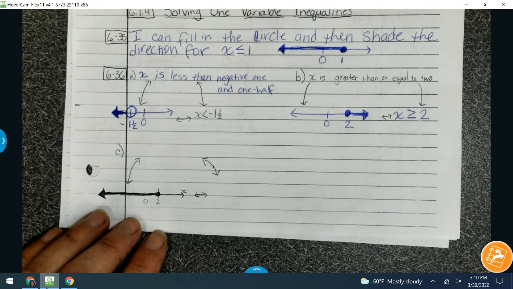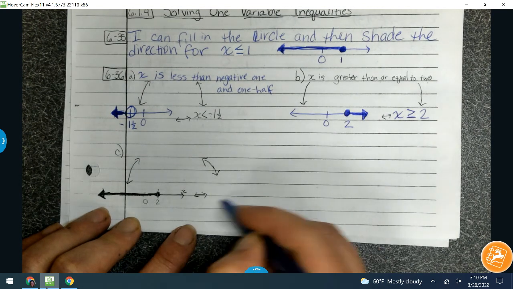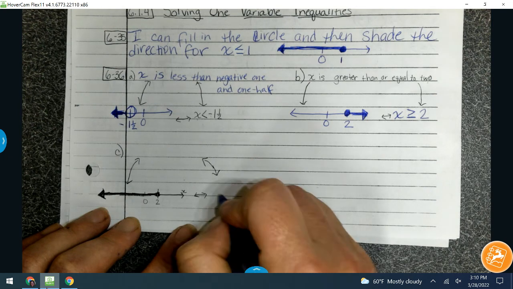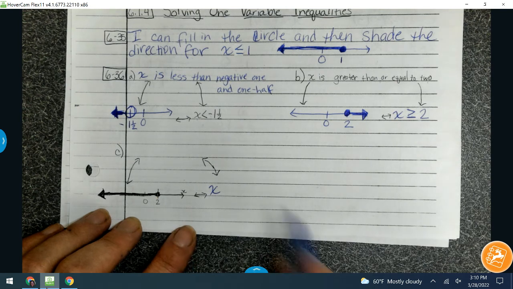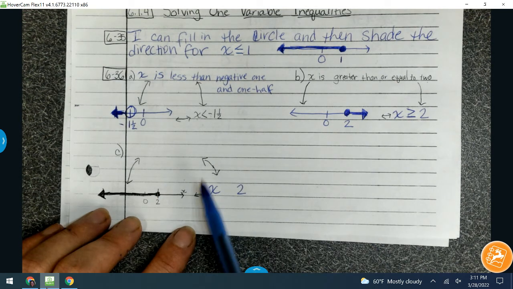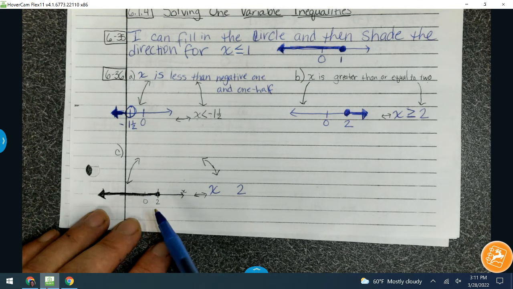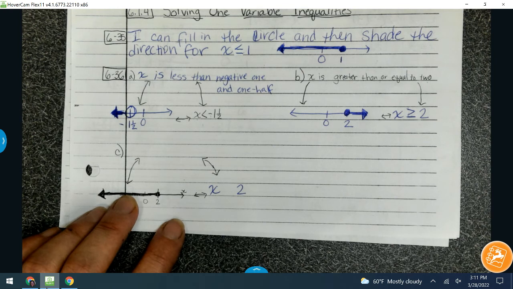On this one, I'm going to try to write the symbols first. I definitely need X. I see that my dot is on 2, so I know I definitely need 2. This is shaded to the left, so X is going to be bigger or smaller than 2.